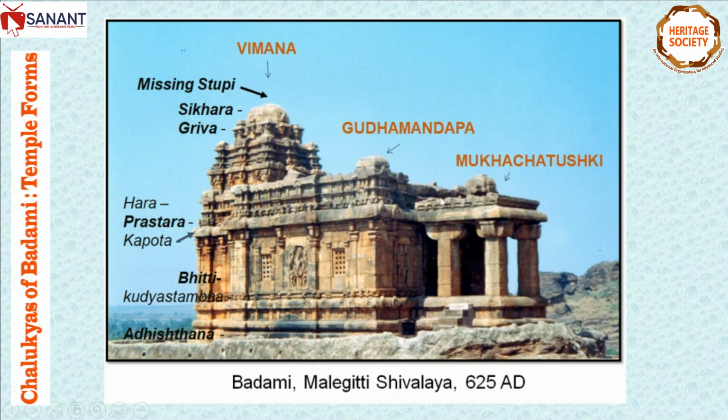So as far as the horizontal components in plan are concerned, you have a face, Mukha Chatushki, which is a simple one, and Guda Mantapa is a closed hall, you can say, closed on all sides with entrance on one side. This is a Guda Mantapa. Then this is the Vimana proper, which represents the Garbhagriha interiorly and in its external form.